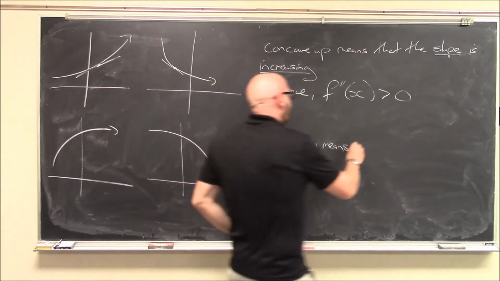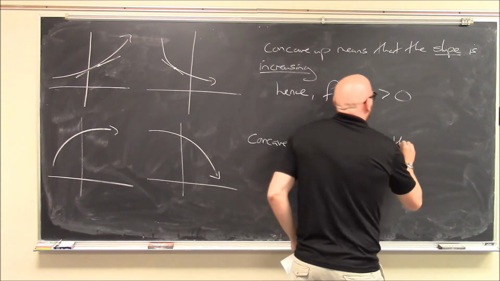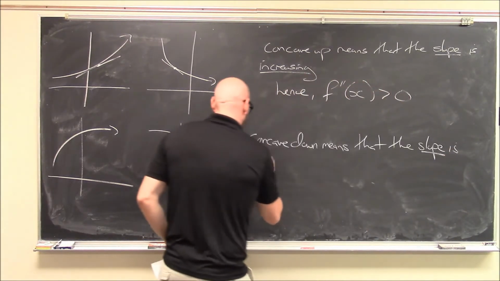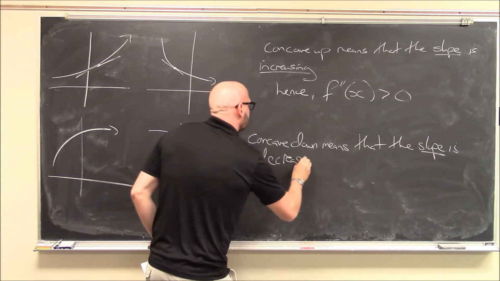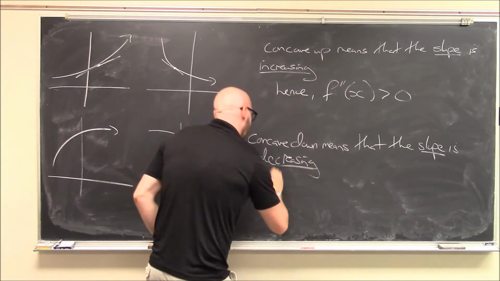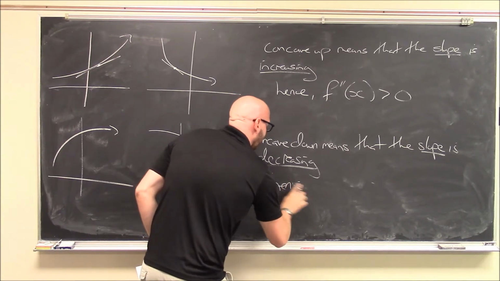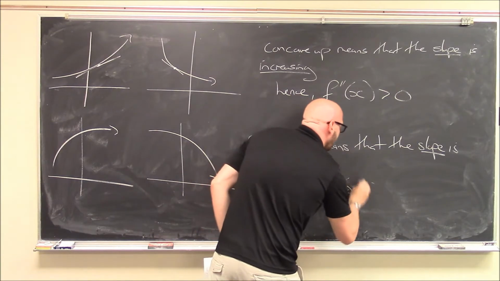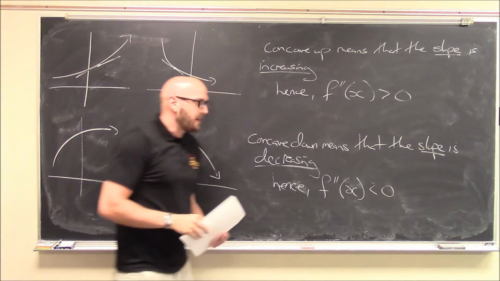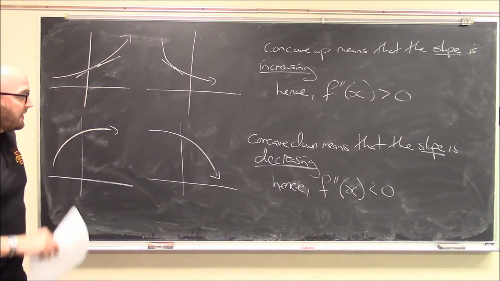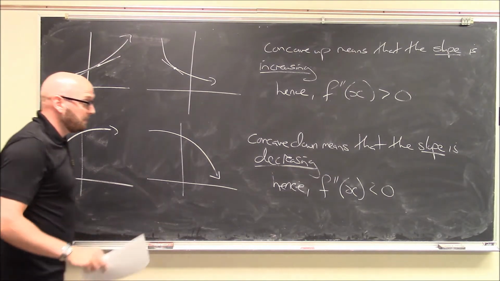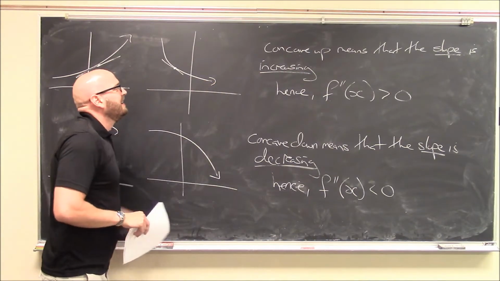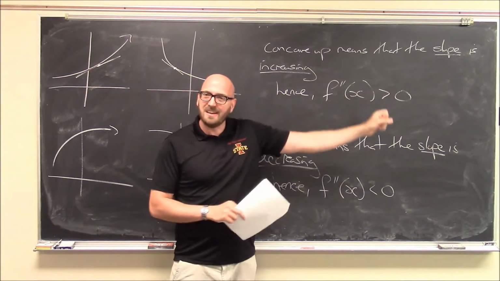Concave down means that the slope is decreasing. So hence, the second derivative has to be negative. And the first time you work with this stuff, the first time you think about it, you really do have to spend a little bit of time reasoning this out, right? If the slope is increasing, why does that mean the second derivative has to be positive?